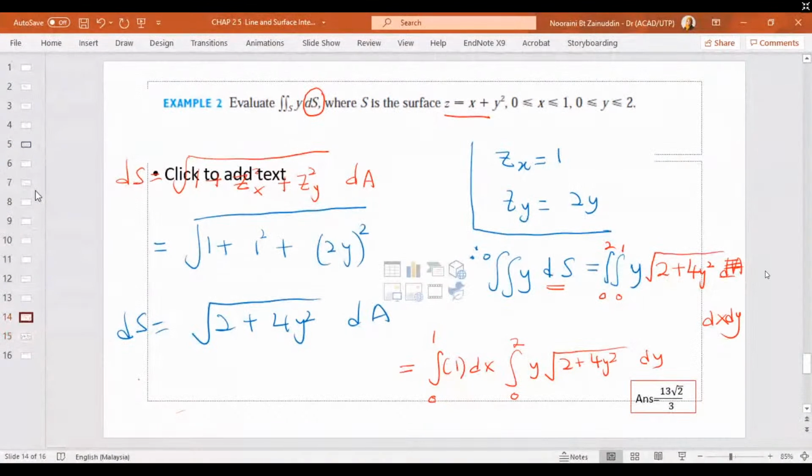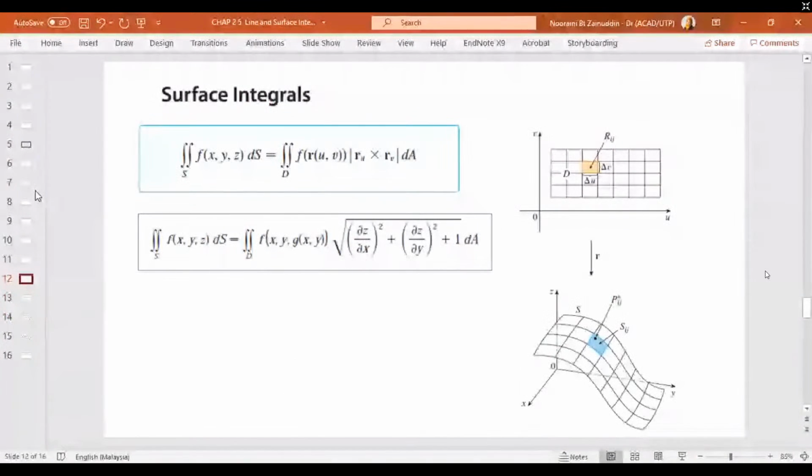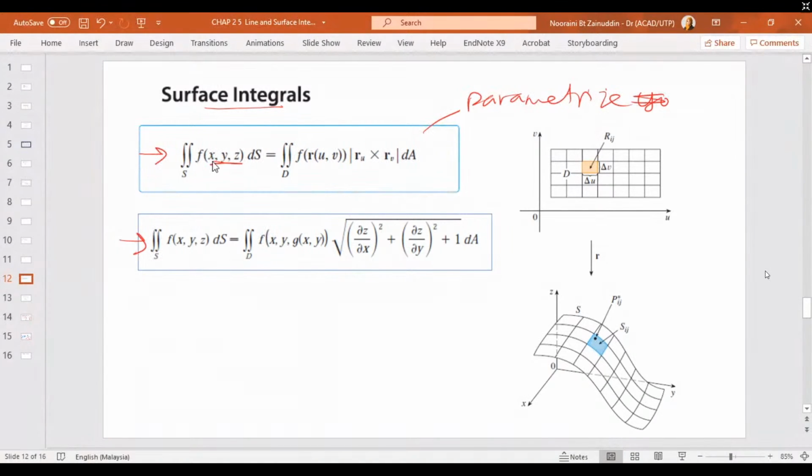For this, we need to apply this formula. Remember we have two formulas for the surface integrals, the first one or the second one. The difference is that in the second one, you need to parameterize your function and your variables, because remember we have 3 variables x, y, z.